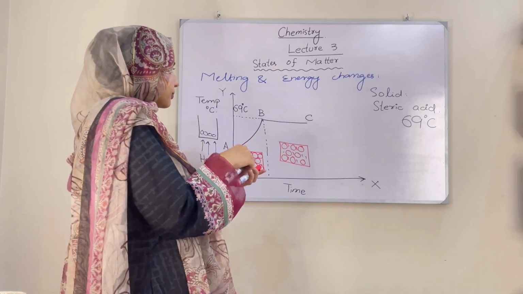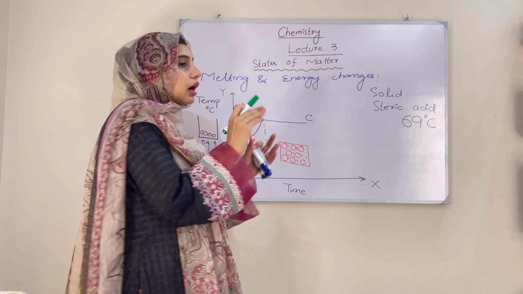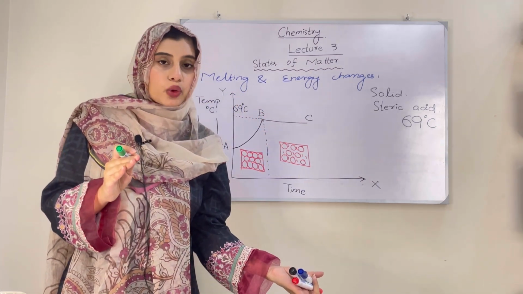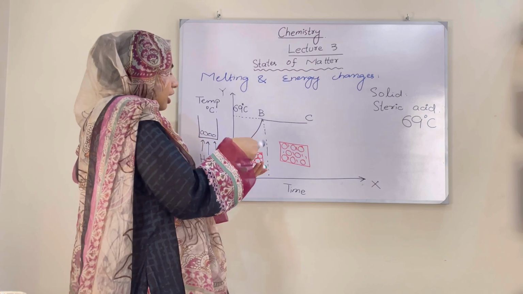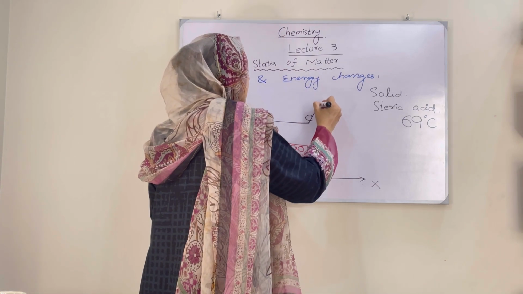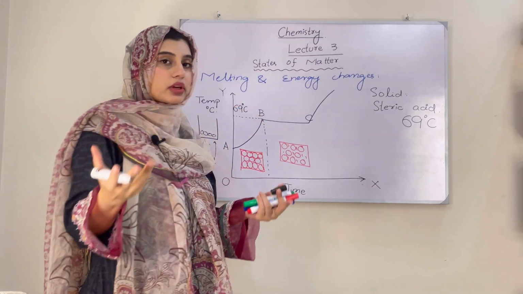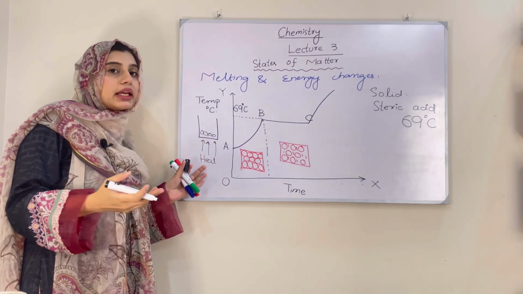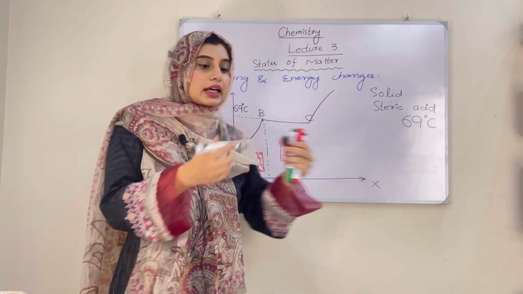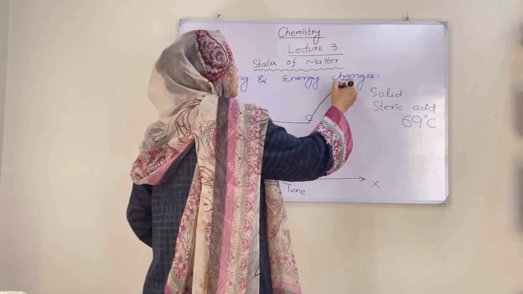At point C, all of the solid stearic acid has converted into a liquid. After point C, the temperature will keep increasing because we are still providing heat. Now all of the liquid is converting into gas, and this is point D.